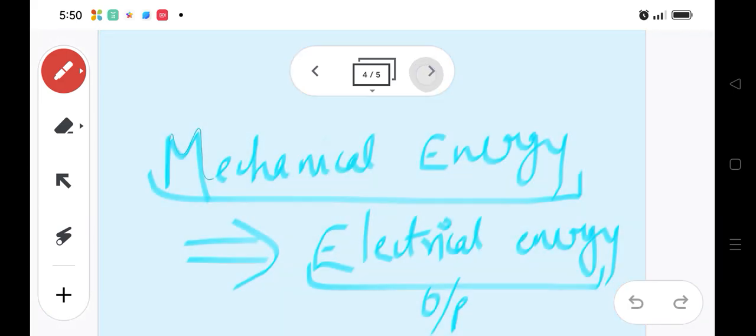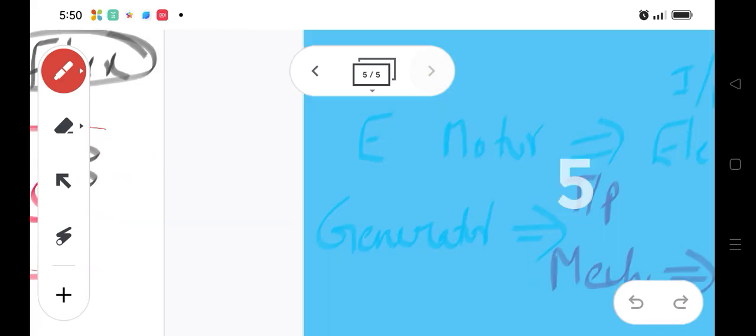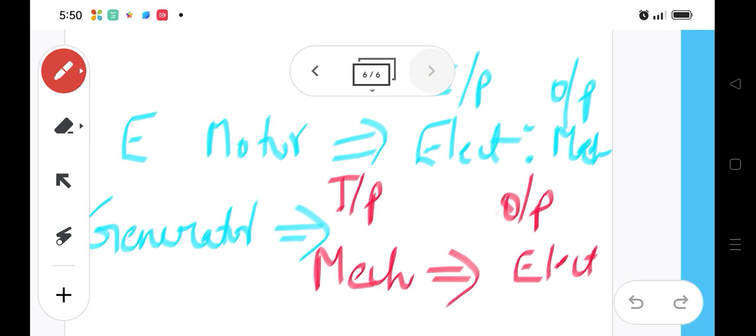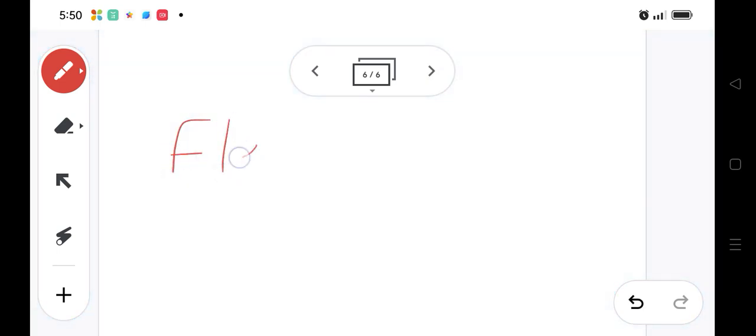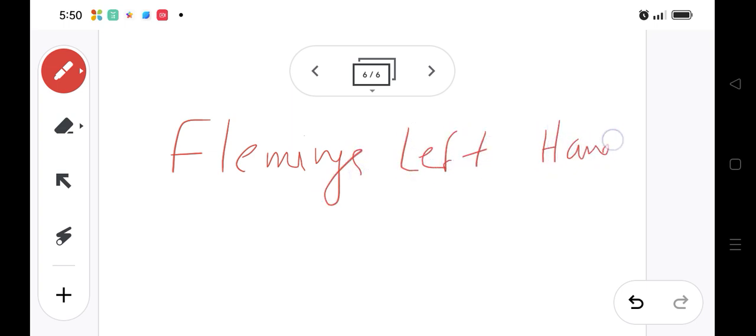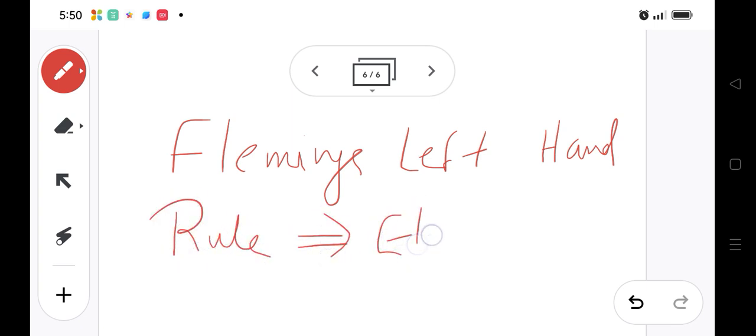So in the case of electric motor, what do we have? We have Fleming's left hand rule, which we already explained. In the case of electric motor, we have Fleming's left hand rule to give us the direction of the current.